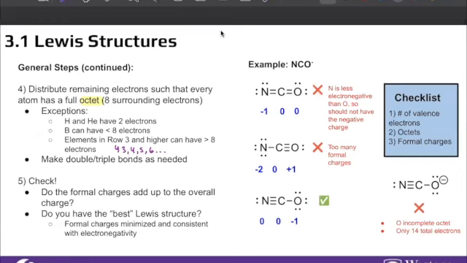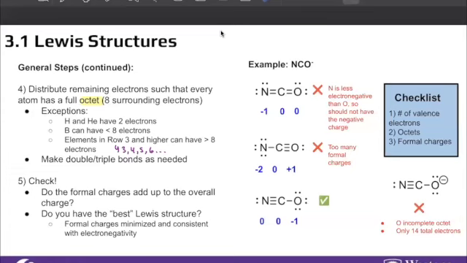And so if we look at our example here, we don't have any hydrogen, we don't have any helium, and we don't have any boron. And N, C, and O are all in row 2. So we don't have any exceptions, and everything should have 8 electrons around it. Also, sometimes it's not possible to follow these octet rules without putting some of our electrons into double and triple bonds. So you can also do that in this step if it applies to that situation.